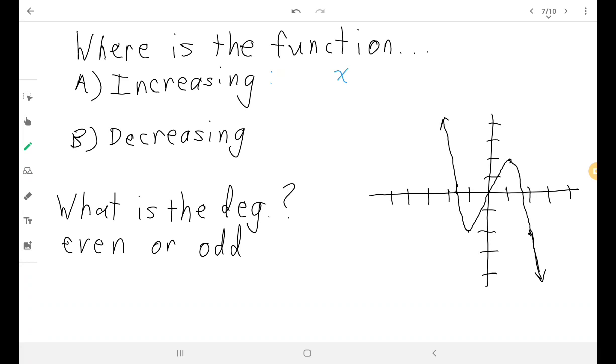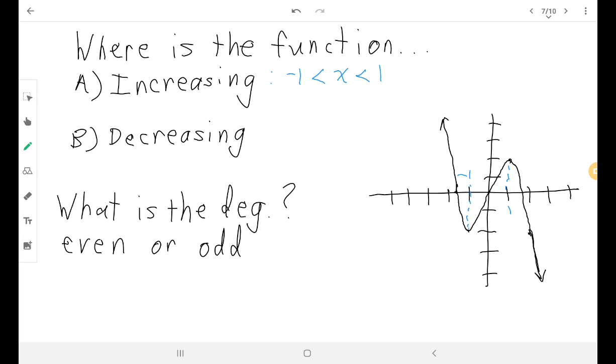And this one falls between an x value of -1 and goes all the way to an x value of +1. And so we would say that it is increasing between -1 and 1.